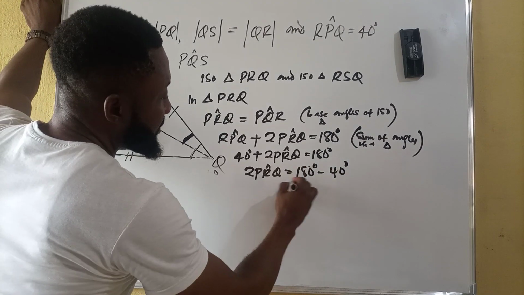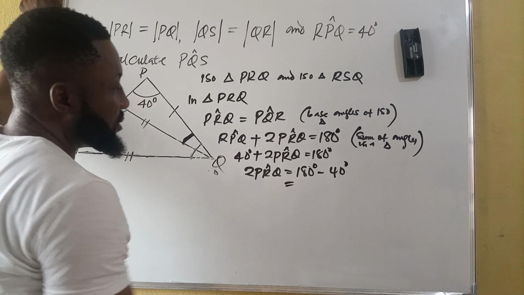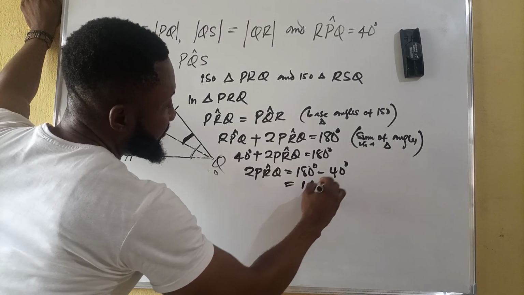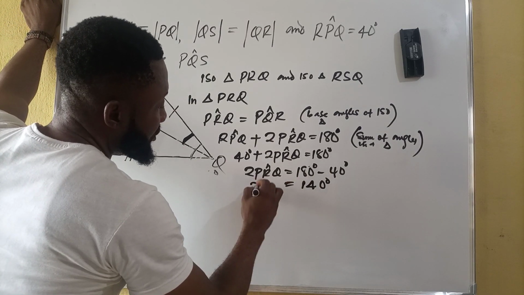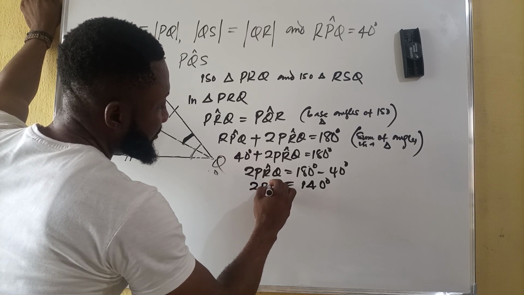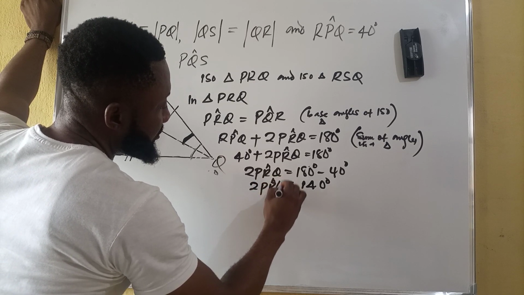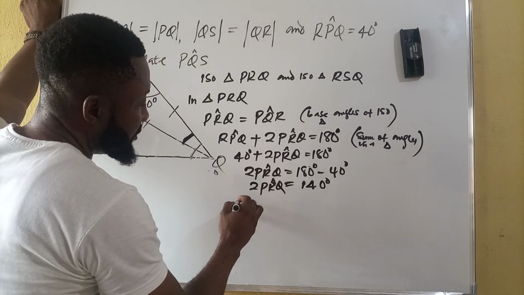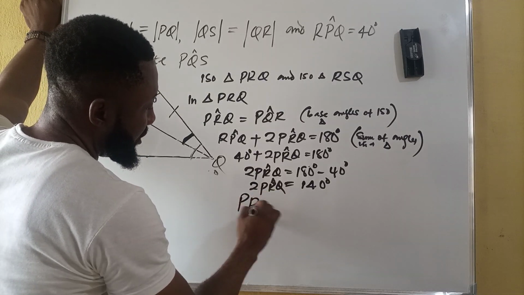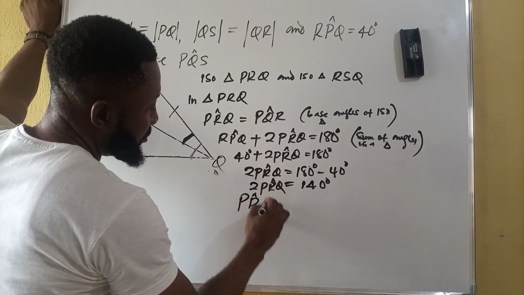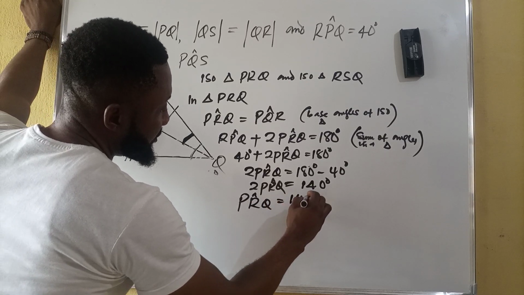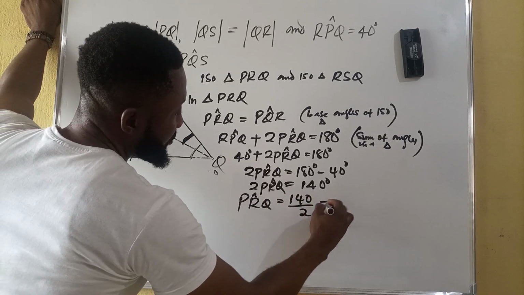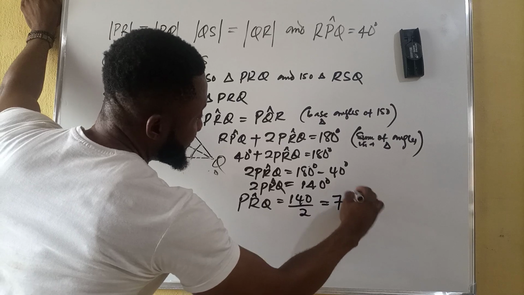When you subtract 40 from 180, you're going to get 140 degrees. So 2PRQ is equal to 140. So PRQ is equal to 140 divided by 2. That will give us 70 degrees.